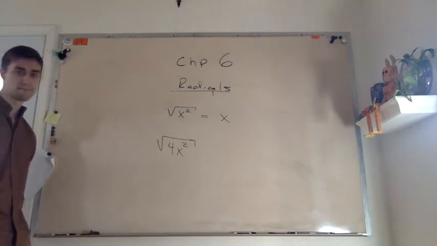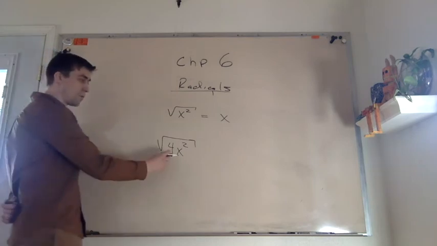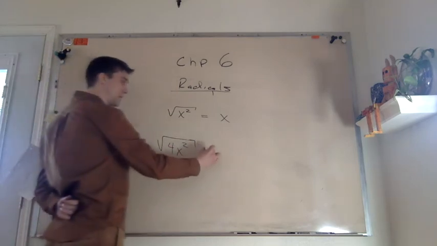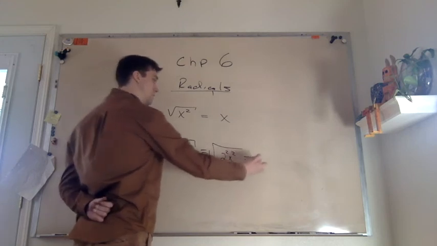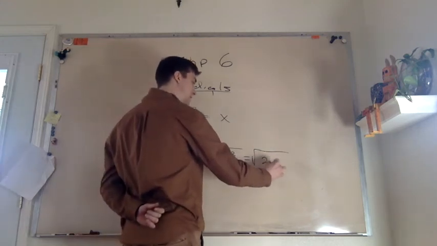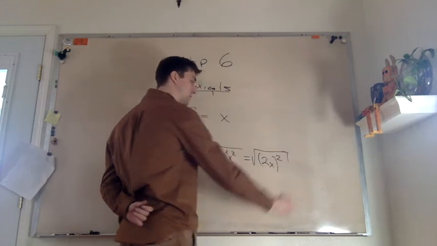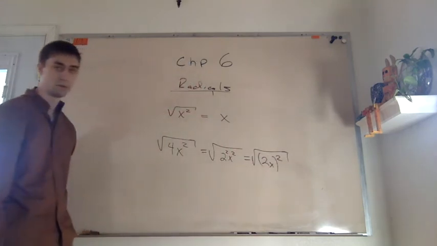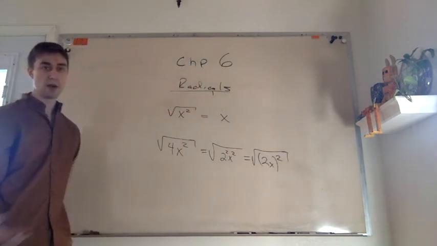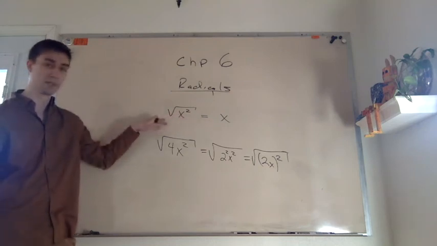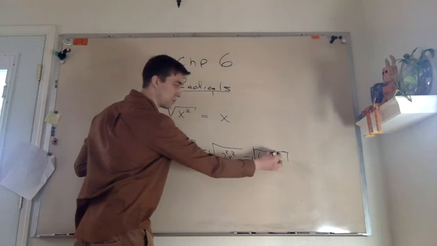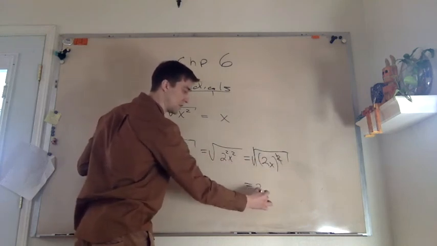Simplify. 4x squared can be written as 2 squared x squared, which can be written as 2x all squared. Square rooting and squaring cancel each other in this chapter since we're assuming this. So this square root and this square go away. You just get 2x.